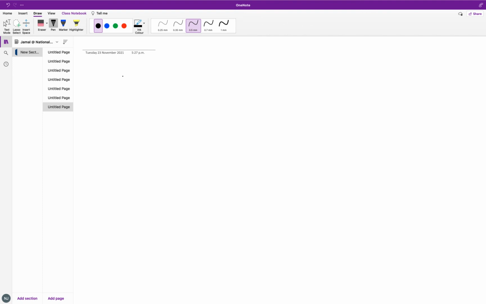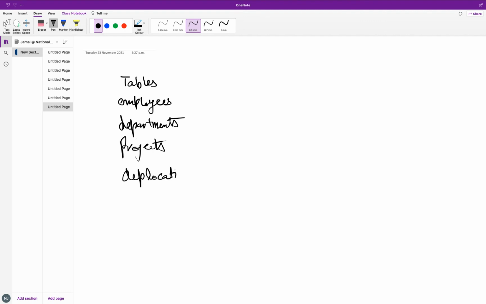If in a relational database we have tables, for example, employees, departments, projects, department locations, right? We have different tables.